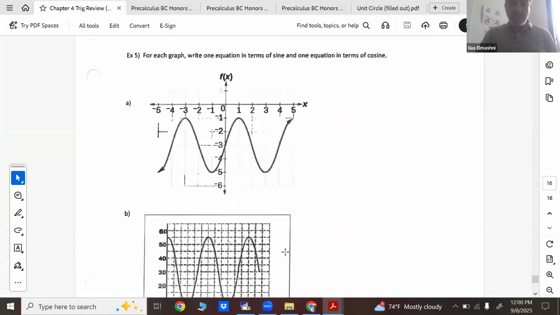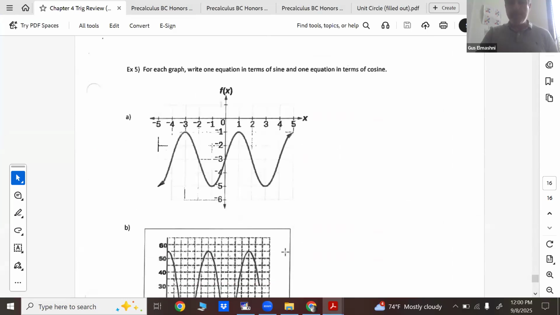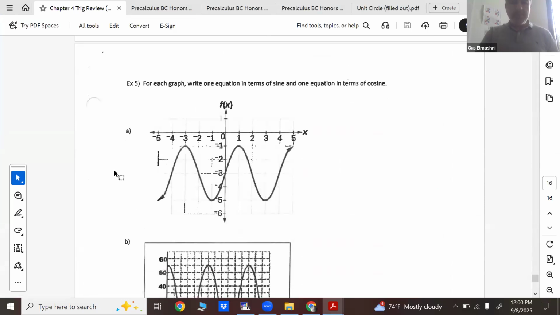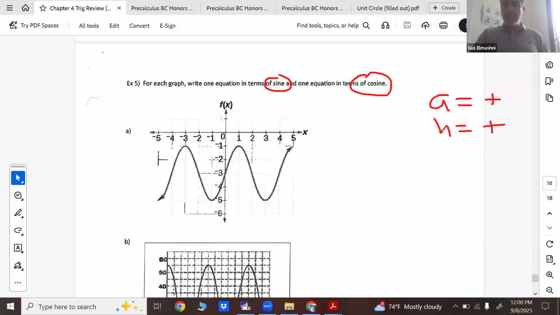This is my favorite: writing the equations from the graph. Here's the deal though. I want A to be positive. I want H to be positive.